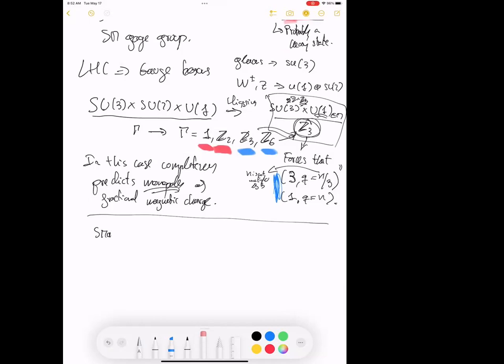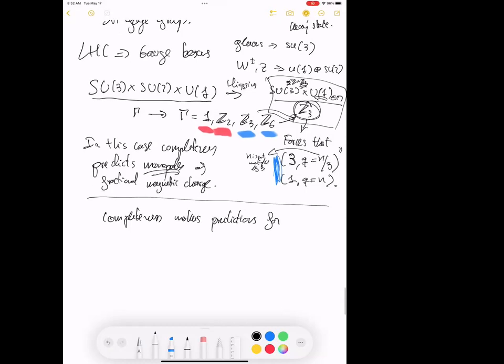So to sum up, the completeness principle makes predictions for the standard model. Unfortunately, I wish I could give you just a simple prediction, like it's going to be a particle like that.